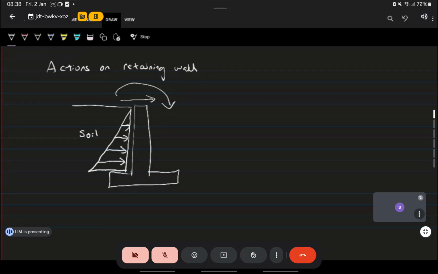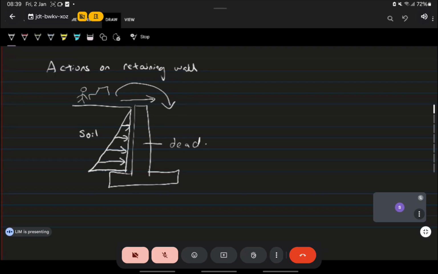What other loading do you get? Anyone? Dead load. Yeah, correct. You may have dead load of the concrete itself. What else? I mean, the actions that can cause the wall to fail. So the soil can cause the wall to fail. What are the loading? Well, you can have a variable action, right? The retained side, the soil. I can have people here.